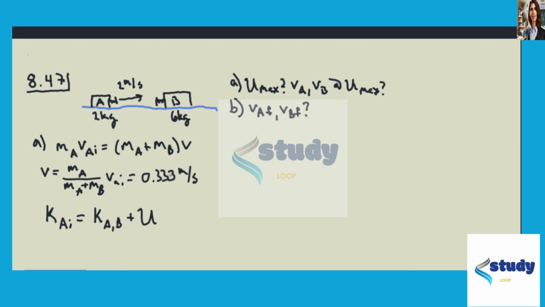So now we know how fast the combined A and B are moving, and we know the initial speed, which is part of the setup of the problem. And so the potential energy is just the difference in the two, because that's where the energy has to have gone.